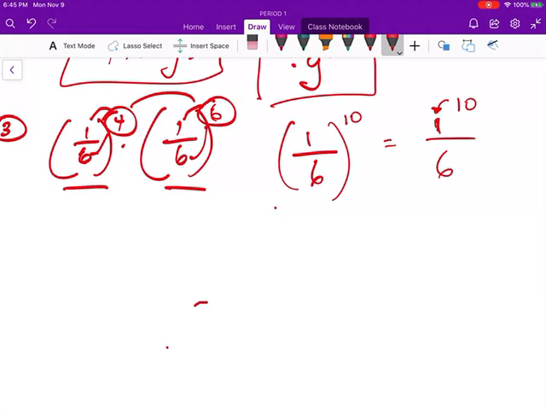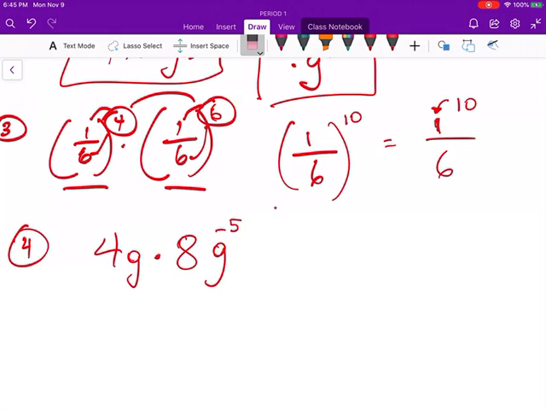And now let's go over number 4. We have 4g times 8g to the negative 5. One more time, we are going to multiply coefficients. So we multiply 4 times 8. 4 times 8 is 32. And now we take care of g. G has an invisible one.